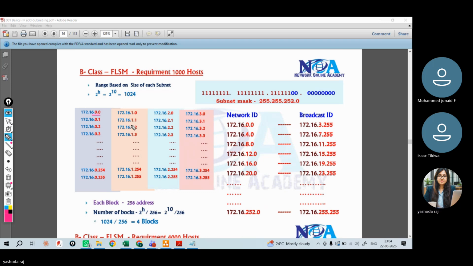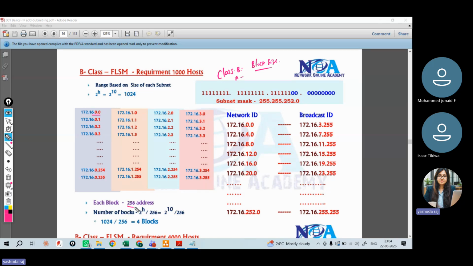192.168.0.0. Something here we get is a block size. One more thing: in class B and class A, to write the range we have to identify the block size. How do we identify it? We have a formula.